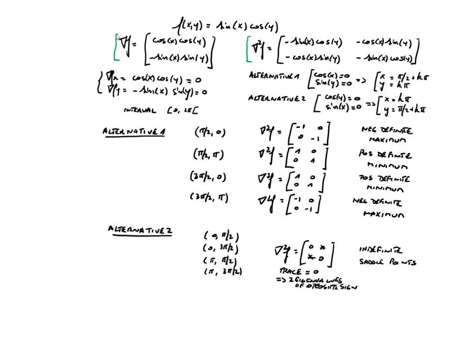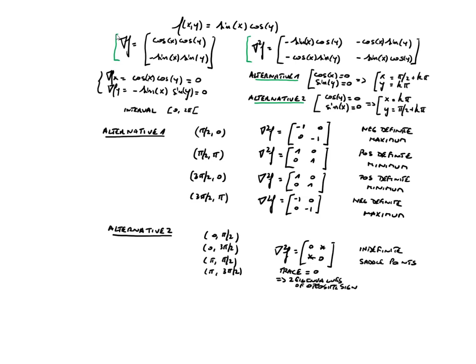Alternative 1 is setting this one to 0. Then you have fixed x, and to put the other one to 0, you set the sine of y to 0. You can work also with the second alternative, in which you make cosine y 0.